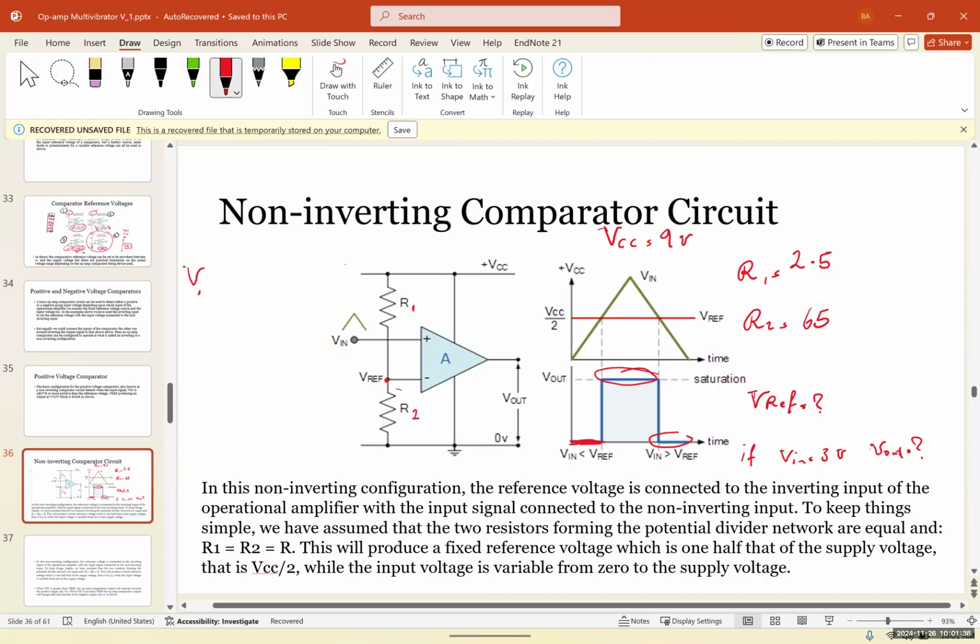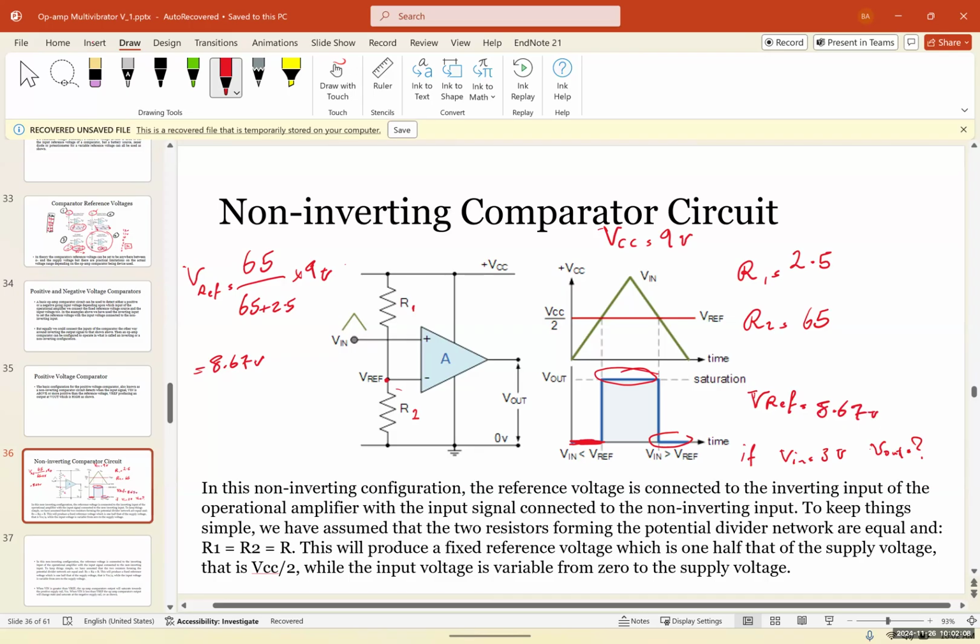So what do you get for V reference? V reference would be equal to 65 over 65 plus 2.5 times 9 volts. What did you get? 8.67 volts. So V reference would be 8.67 volts.